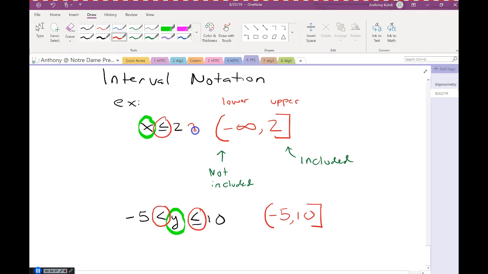To do that, I'm going to put an x, and I'm going to use this little symbol that looks like a curvy capital letter E. This symbol stands for the phrase "is a member of the set." So for this second interval, instead of writing x is a member of the set, I would write y is a member of the set, because this one is referencing y's.